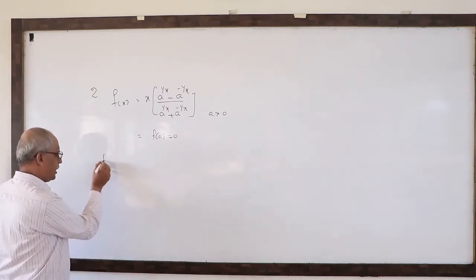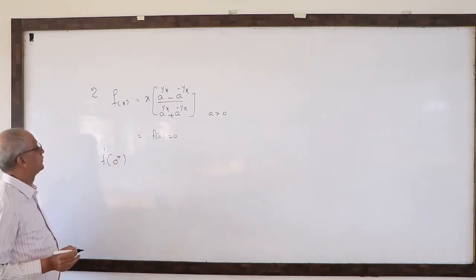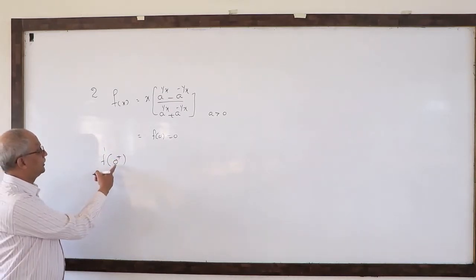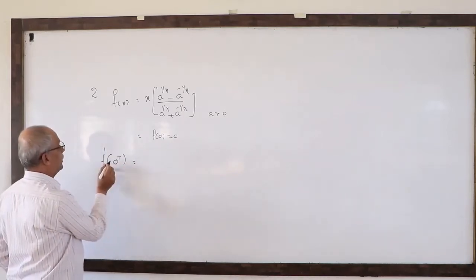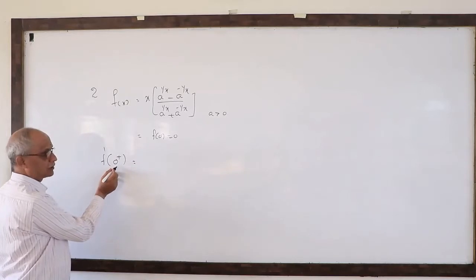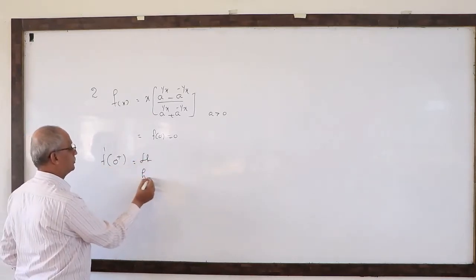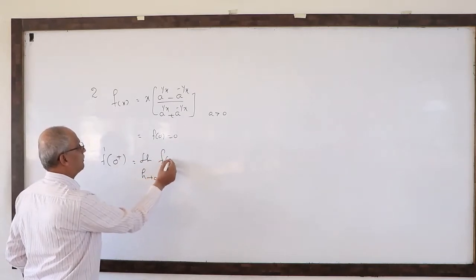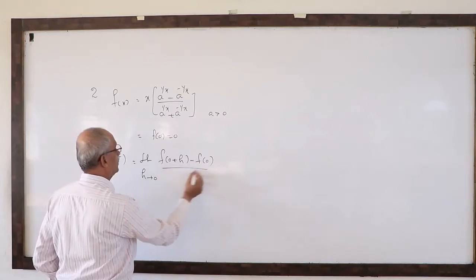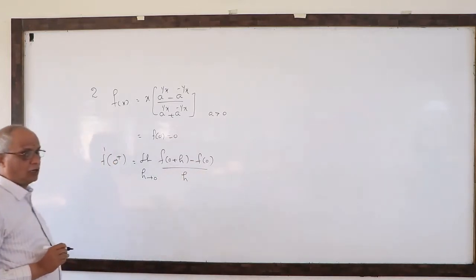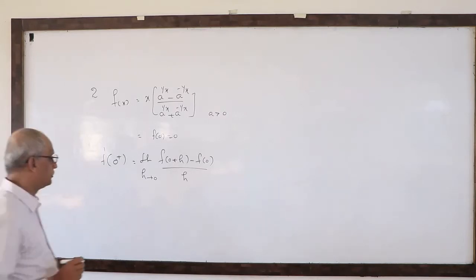What is the definition of f dash of 0 plus, the right hand derivative of the function about the origin? Limit h tends to 0, f of 0 plus h minus f of 0 by h. This is called the derivative by first principle, right hand derivative.